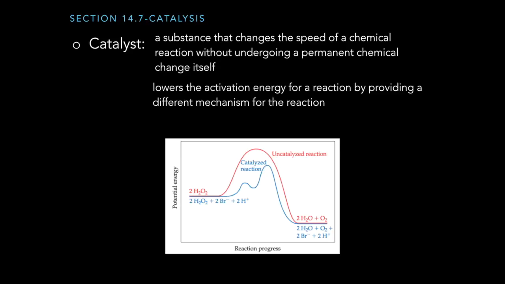So as you can see in this graph, the red represents an uncatalyzed reaction. And so what a catalyst does is it provides another way for a reaction to occur. And ultimately, by providing another mechanism, it lowers the activation energy. By lowering the activation energy, which is ultimately what dictates the speed of a reaction, it actually speeds up a reaction.